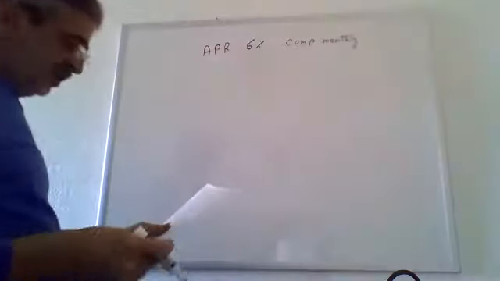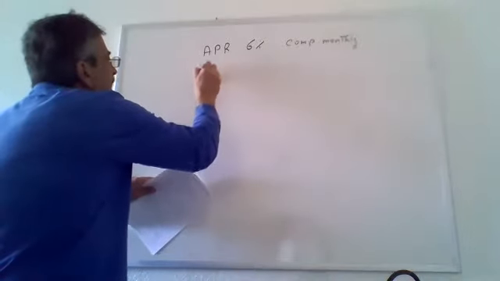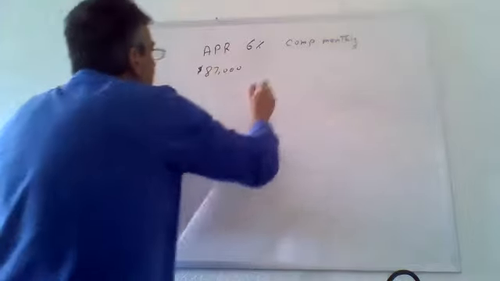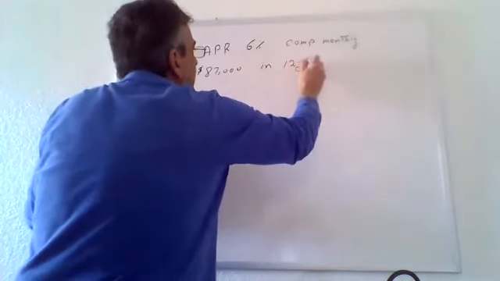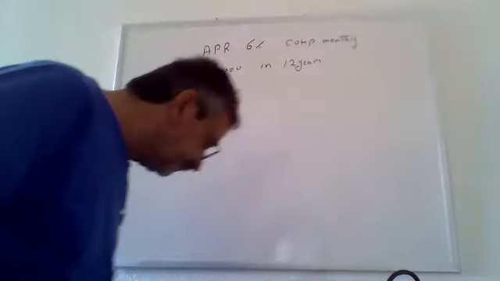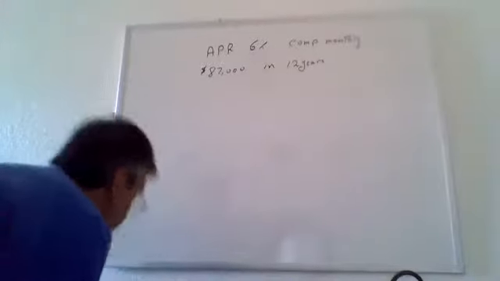It says, how much should you deposit monthly to accumulate $87,000 in 12 years? So basically, this is what we're looking for.